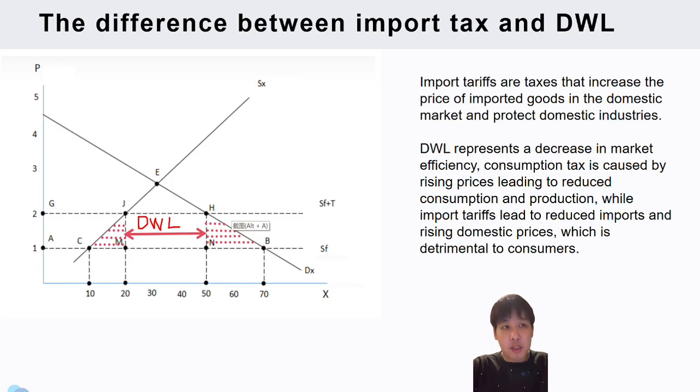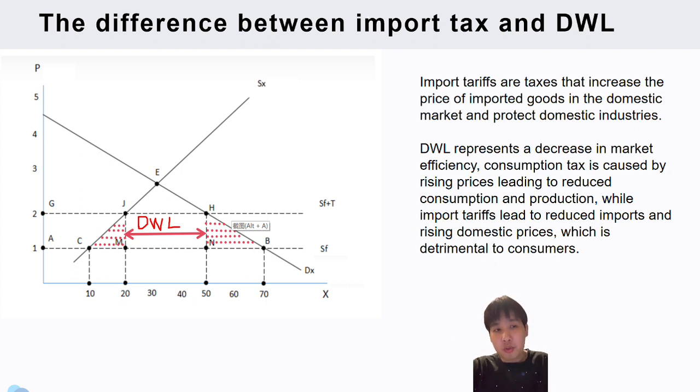Import taxes are taxes levied by the national government on goods imported from other countries. The purpose is to increase the price of imported goods in the domestic market. We can see that when there are no tariffs, when the price of imported goods is 1, the quantity demanded is 20 units of X goods, marked as point B in the diagram.